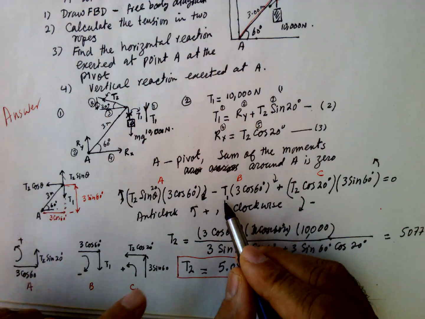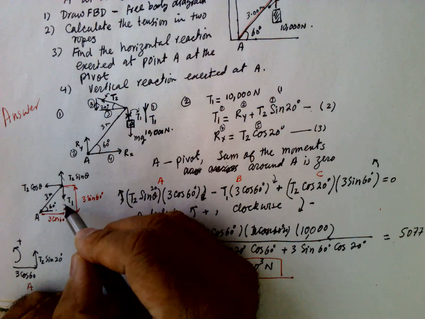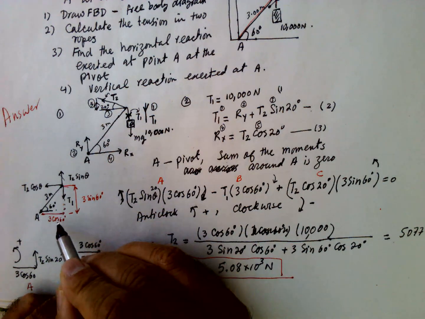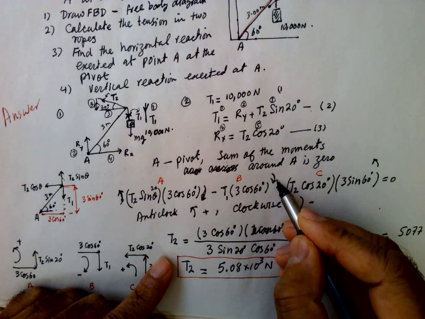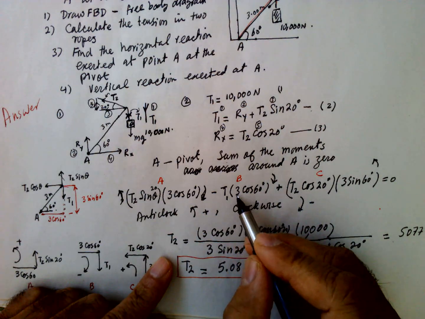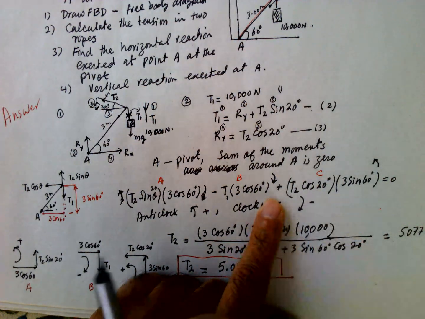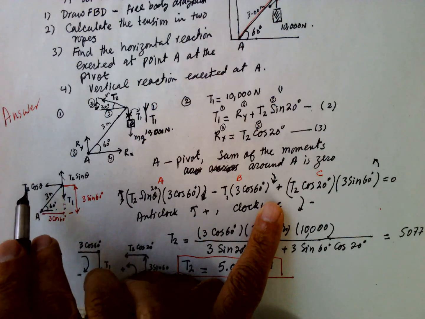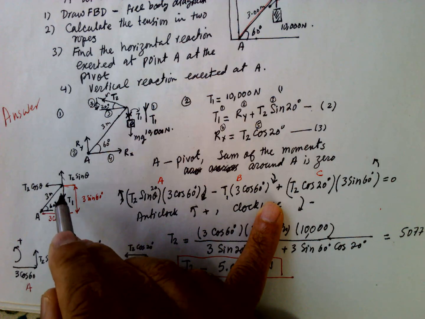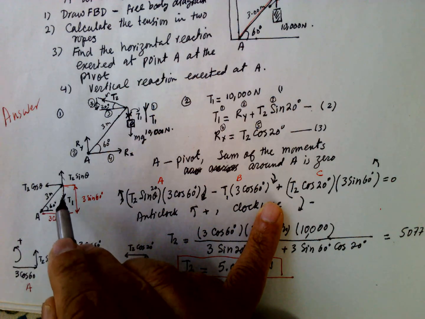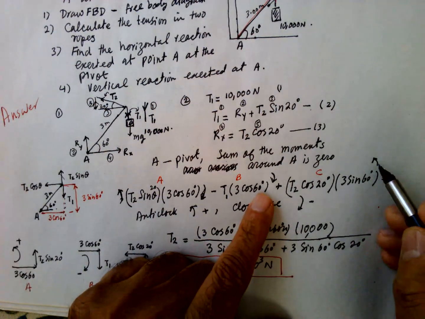And then T1 is this force. This force is downward, and 3 cos 60, and it is clockwise. Next one is this force, T cos, and this distance, 3 sine. This is also counterclockwise.